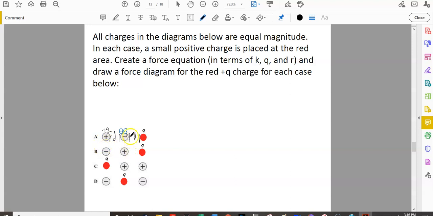So you're going to be drawing two force vectors on our positive red Q due to the other charges. Okay? Well, let's do it.